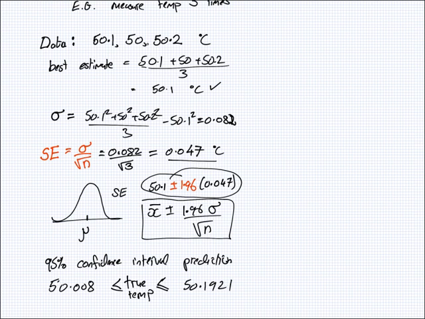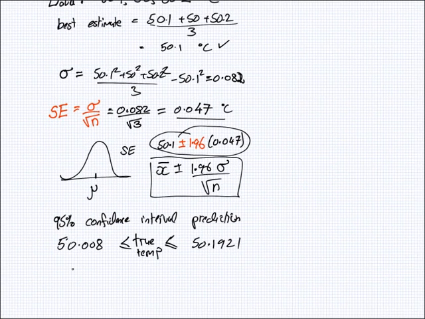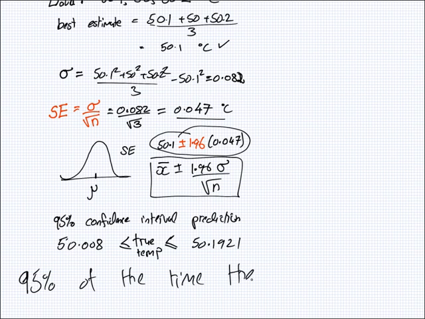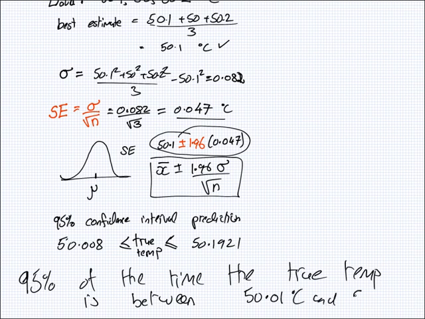Okay, so just to finish this one here, what you would say for like 1 mark in the exam is what is the meaning of this result, and the answer would be, you would say that 95% of the time, the true temperature is between 50.01 Celsius and 50.19 Celsius.